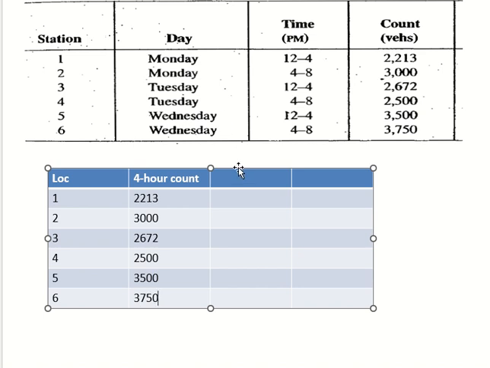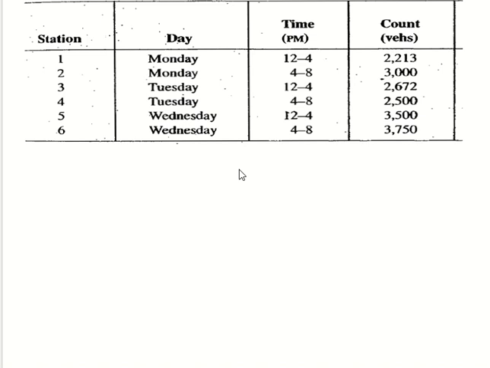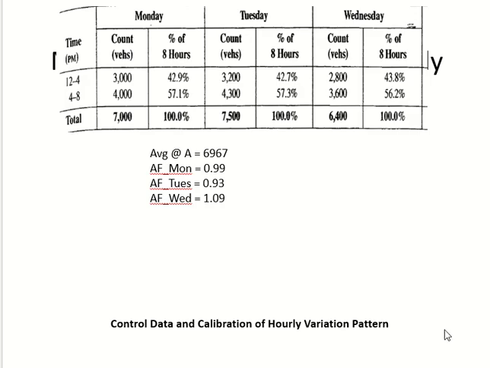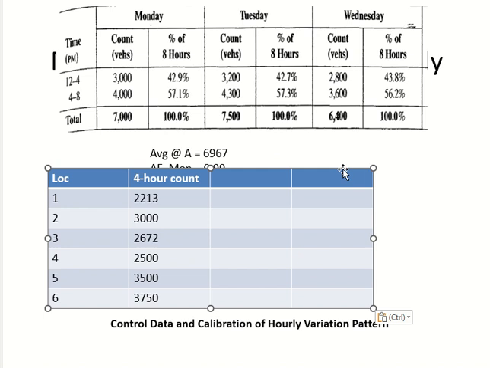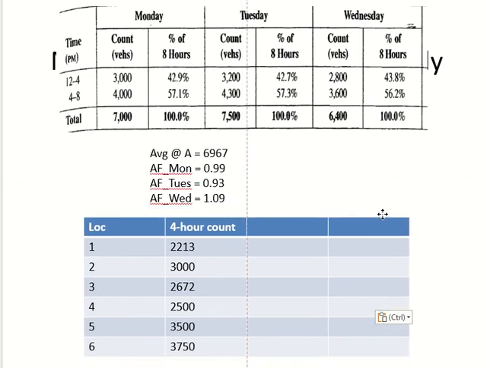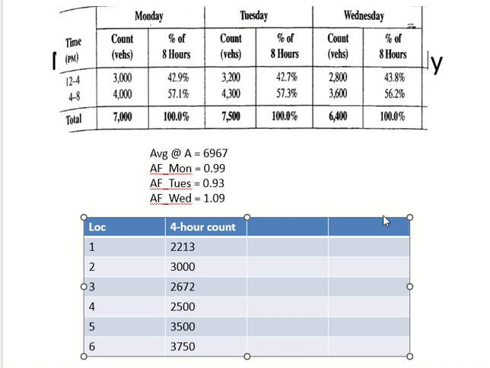These are the values taken in 4 hours, and for each 4 hours you have the percentage.